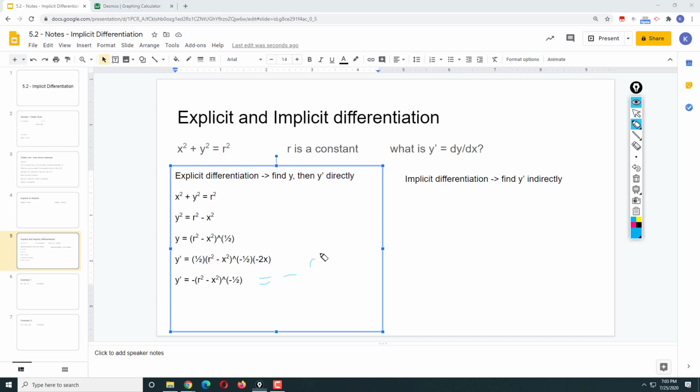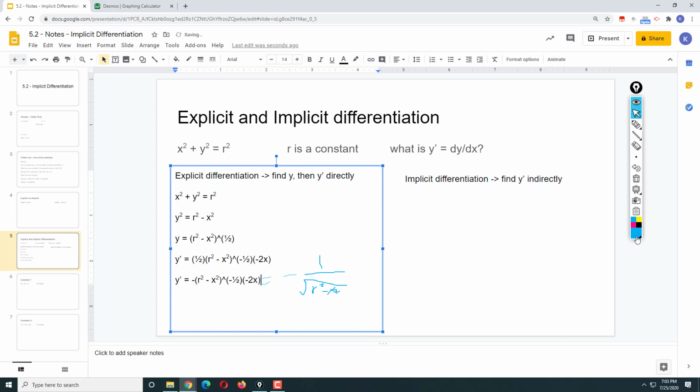Well, if it's negative, that means it's a reciprocal. So I'm going to write 1 over, and the 1/2 power means it's a square root, r squared minus x squared. And let's not forget the negative 2x.